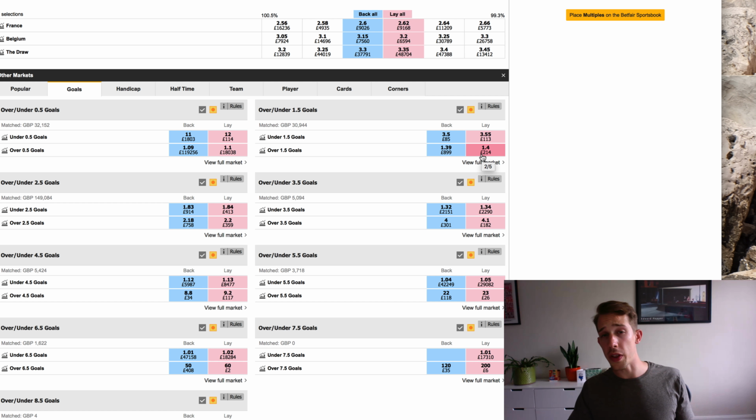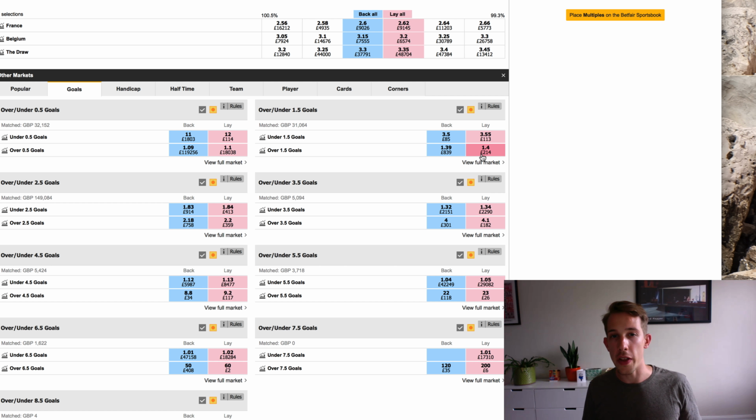That would still be more than your lay stake, so you probably would be fine, but somebody may come in just before you place your match and match it off say £40 or £45 or something, which would mean there would be not quite enough availability left for you. So just be aware that could be a possibility if the market is quite thin, as we say, if there's not much money in it. The way to get around that is just to place your back bet and lay bet quickly once you've calculated that it's the right one for you.